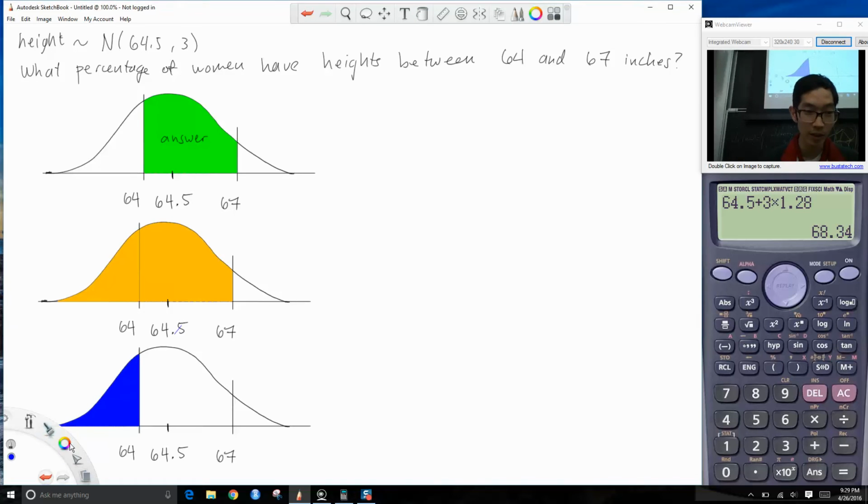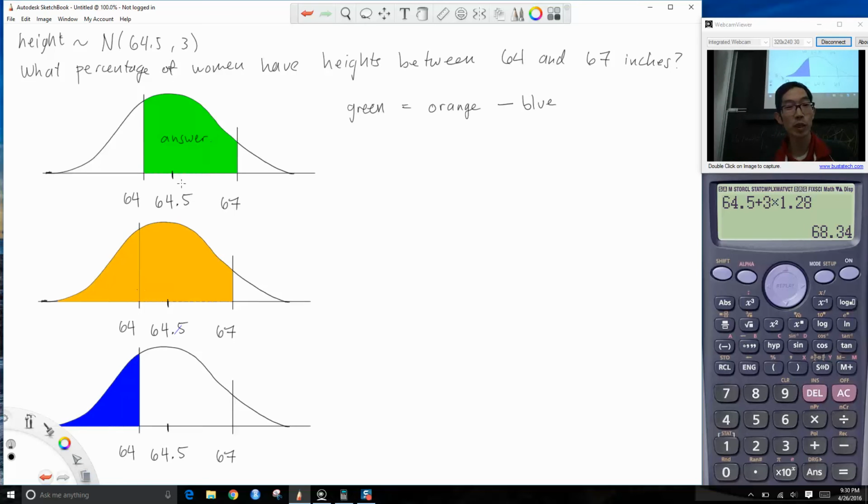Okay. Good. And so to get our answer, we're going to say the green area is equal to the orange area minus the blue area. Can you guys visually see that? We're just taking everything to the left of 67, and we're going to subtract off everything to the left of 64.